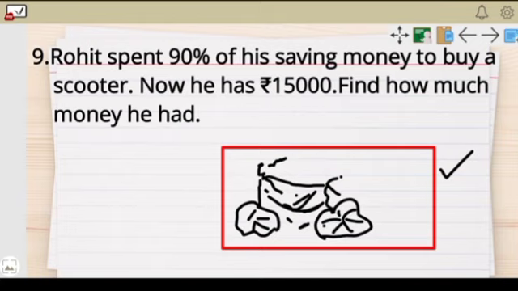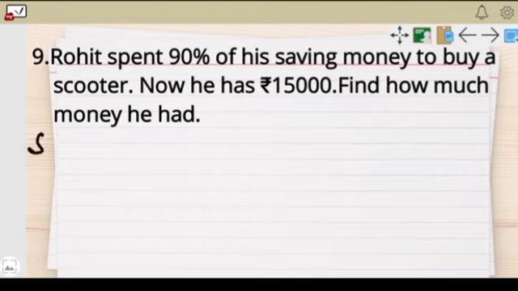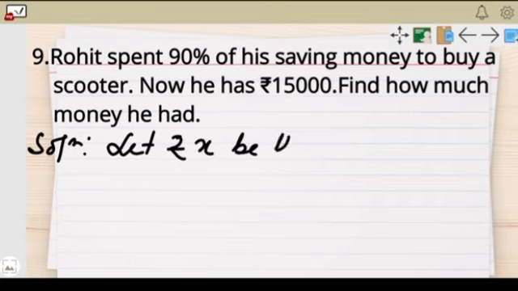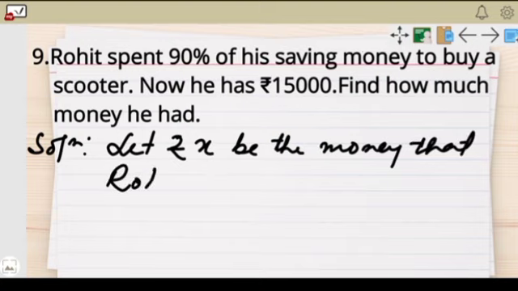Okay, first let us write, let rupees x be the amount or be the money that he had before buying the scooter. So let's begin the solution. Let rupees x be the money that Rohit had, actually this is before spending on this scooter, for his scooter.